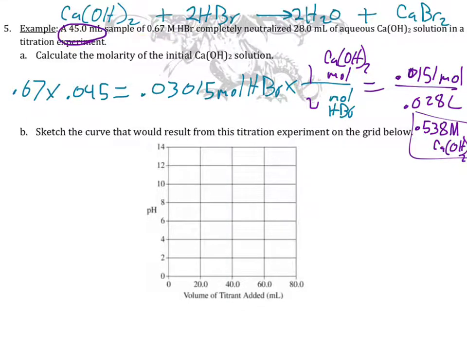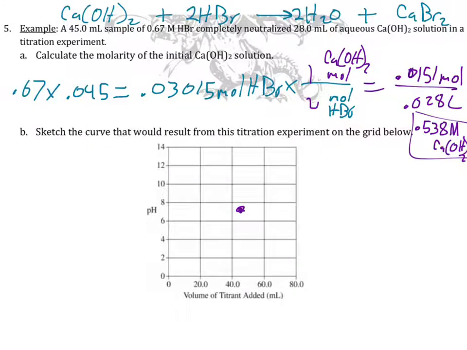And because this happens to be a strong acid, strong base titration, that's going to occur at a pH of 7. This here is about where it's 45 milliliters. So you can see it took about 45 milliliters, and again, it's a pH of 7.